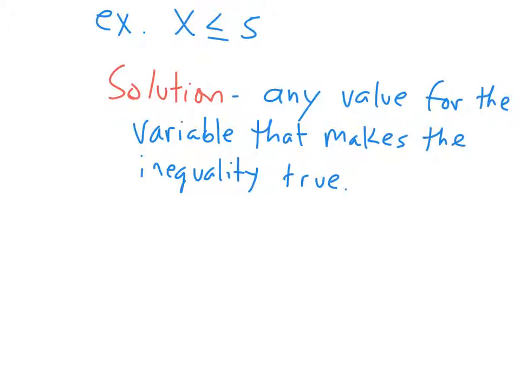So when we had that x is less than or equal to 5, 4 would be part of the solution. 4.99999 would be part of the solution. Negative 17 would be part of the solution.